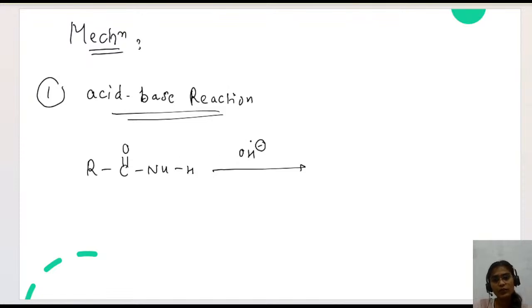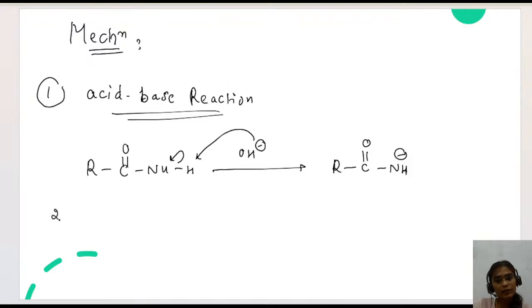This OH simply attacks here, and this is how the bond opens up, and we get RCO and NH negative. It means one hydrogen is abstracted by the OH ion. So in this acid base reaction, this is a base and this is an acidic proton. So we are ready with this. That is point number one.